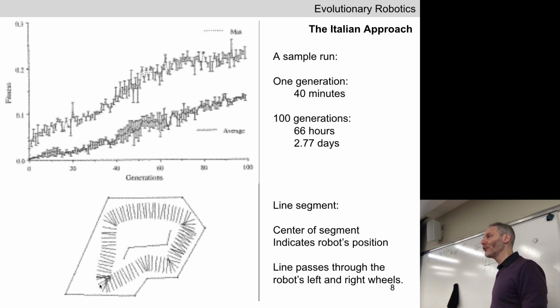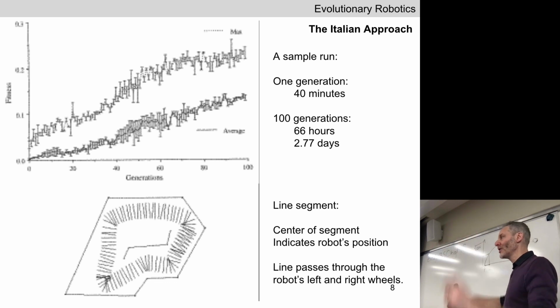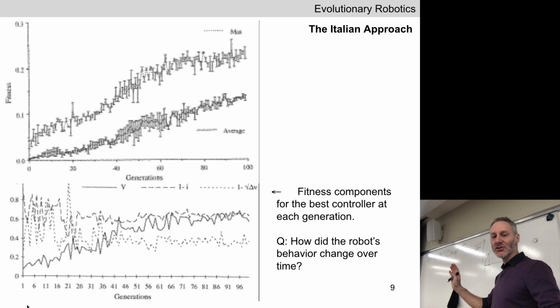But if you're going to move through this maze, you have to turn. And when you turn, you experience an increased delta V. One wheel has to turn faster than the other. So it's still striking a balance between the solid line, which is go fast, and the dotted line, which is don't turn.